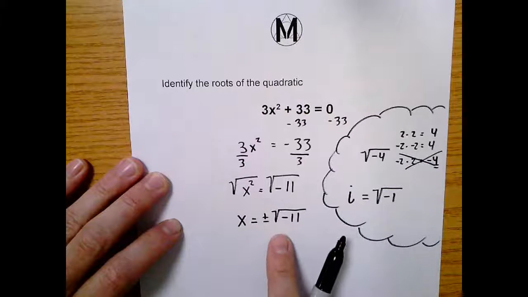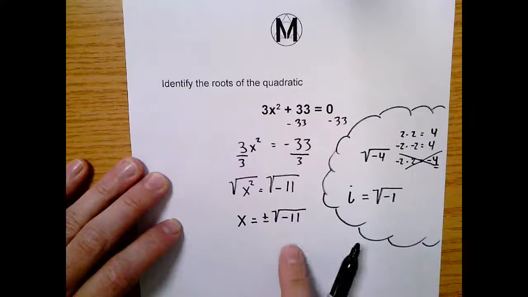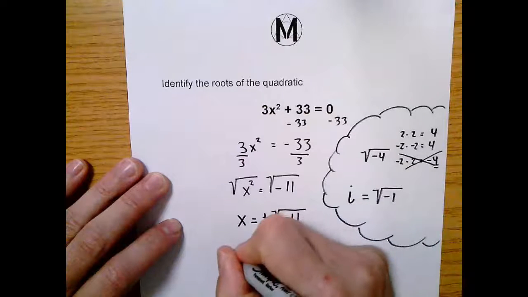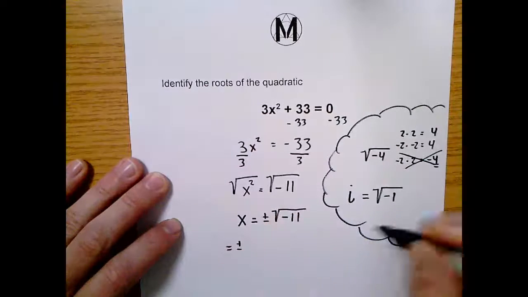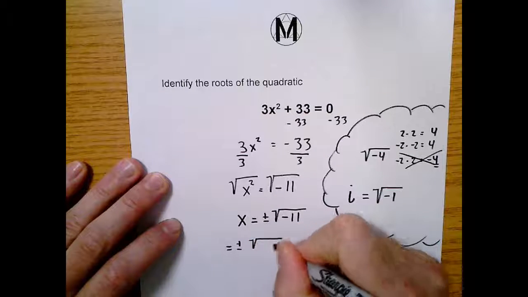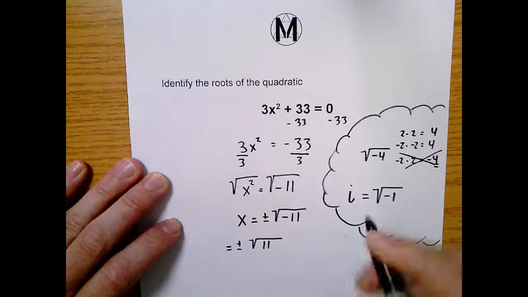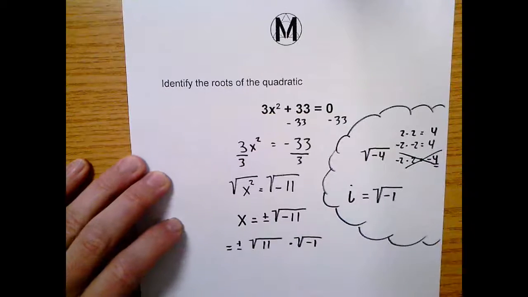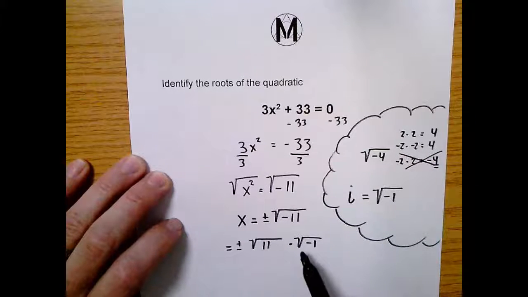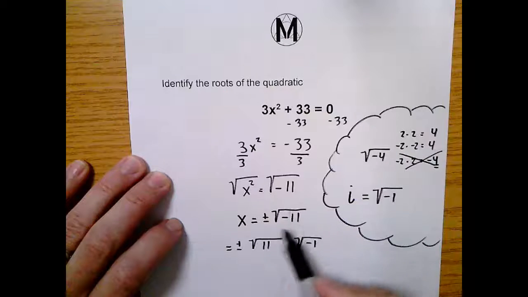So coming down here, if we break this apart, we can look at it like this. We know that the square root of negative 11 is actually the same as saying the square root of 11 multiplied by the square root of negative 1. And that makes sense because the square root of 11 times the square root of negative 1 would be the square root of negative 11.